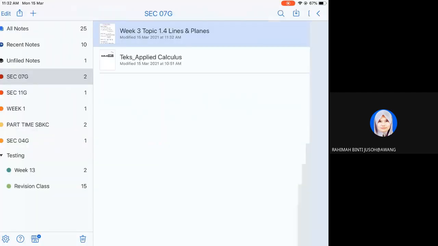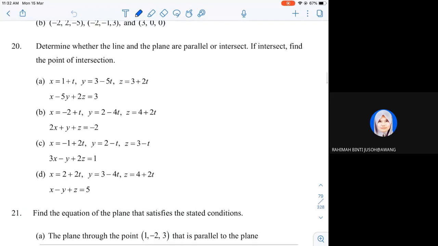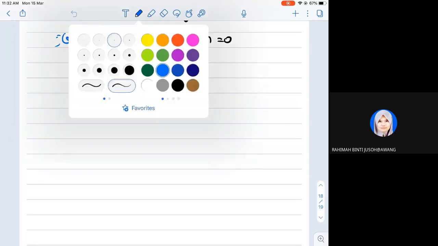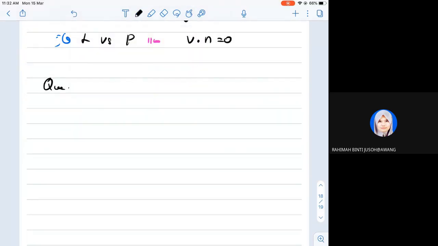Alright, so now let's take a look at the equation. Test whether the line and plane are parallel. Okay, pick one question, A, B, C, D. Which one? C. Okay, jom kita buat question 20C.